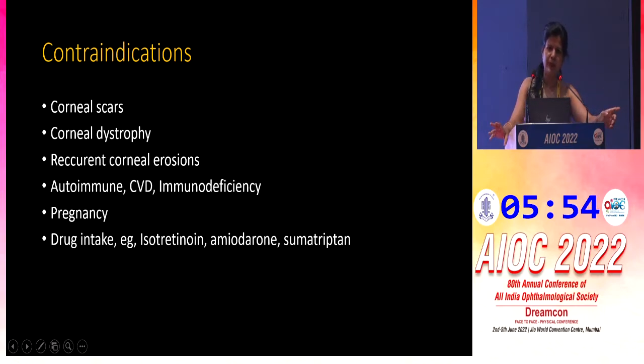When do you not place those ring segments? When you're dealing, as I said, with corneal opacities or dystrophies, endothelial or stromal. When you have recurrent corneal epithelial erosions in patients with dystrophies, or in patients with a lot of eye rubbing, in autoimmune disorders where you're not sure about the type of healing or the extent of scarring that may happen, unstable conditions like pregnancy, and in some drug intake where the cornea is also affected.